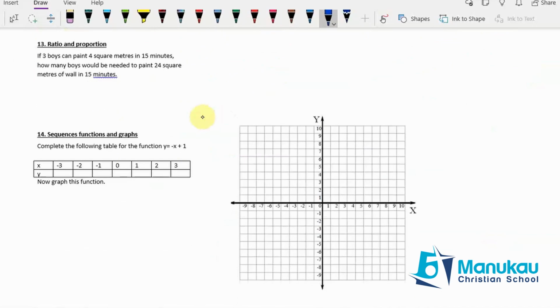We've got 3 boys can paint 4 square meters in 15 minutes. How many boys would be needed to paint 24 square meters of wall in 15 minutes? Okay, so who had a plan or a strategy to solve this one? Yeah, Levy, what did you do? Yep.